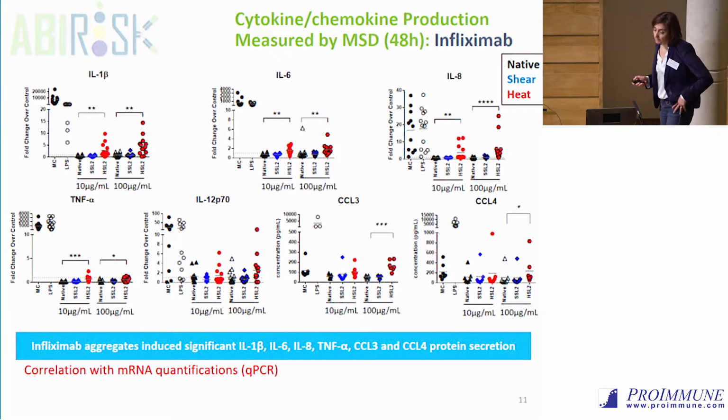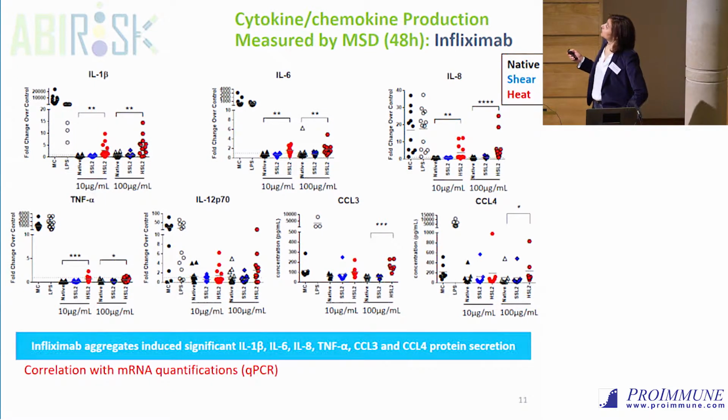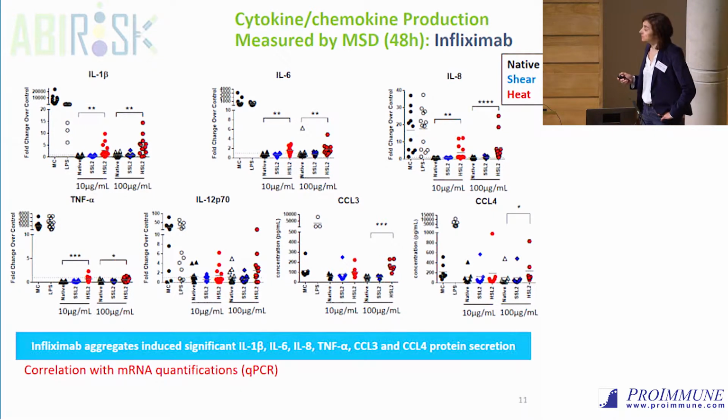Also, we next quantified the production of cytokine and chemokines. As you can see here, for infliximab, heat stress aggregates were again able to induce significant upregulation of pro-inflammatory cytokines and also CCL3 and CCL4 that are chemokines that induce T-cell recruitment.